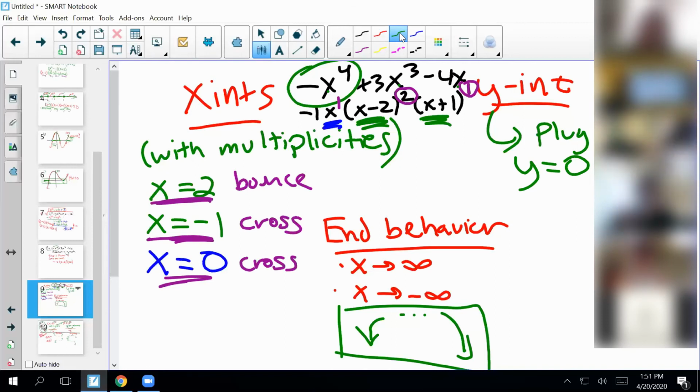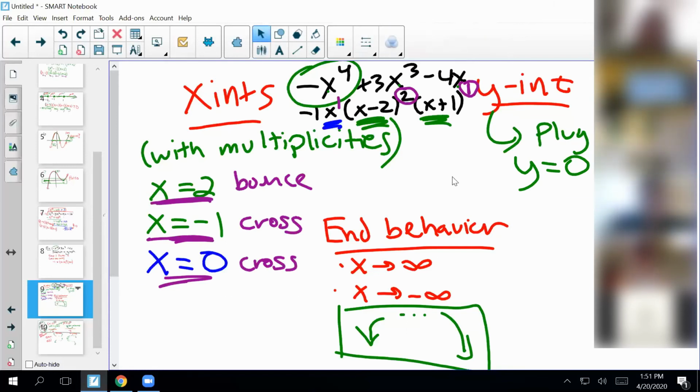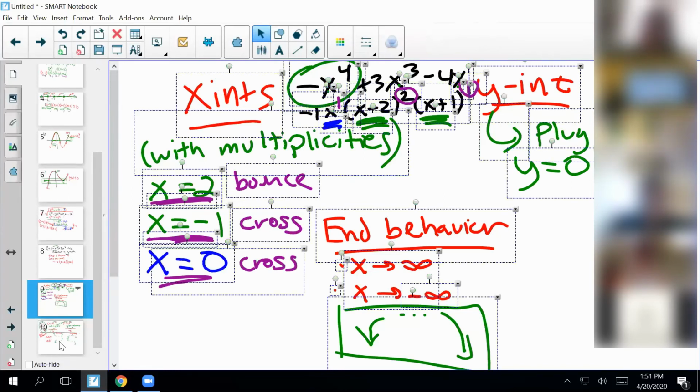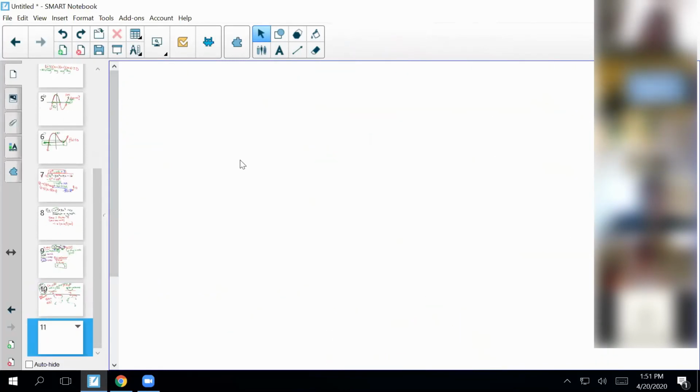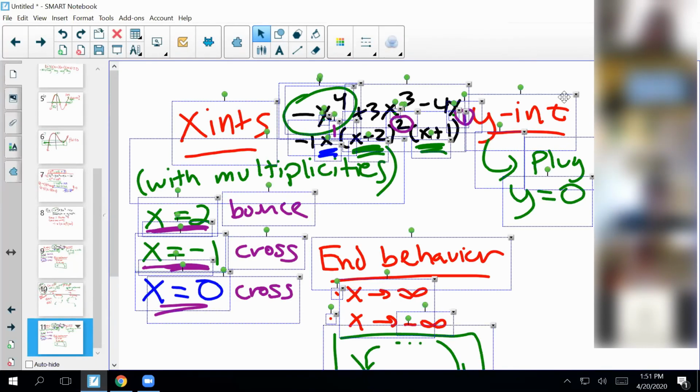Okay, so now we are ready to graph. So let me actually try this again. I'm going to take all this information and start a new page.